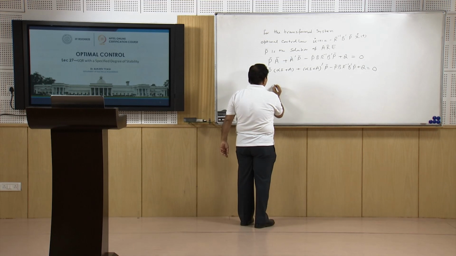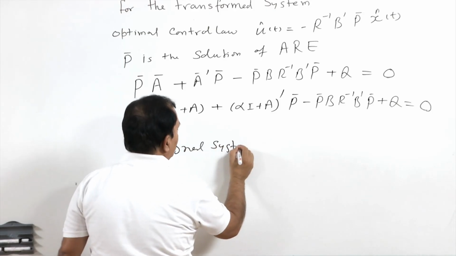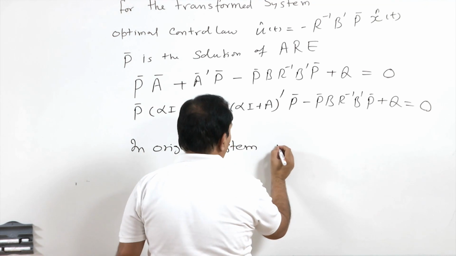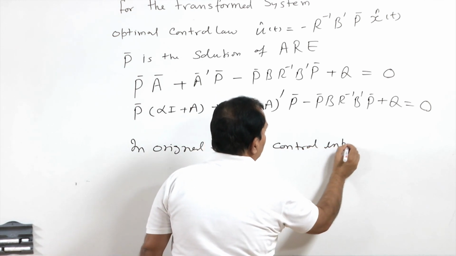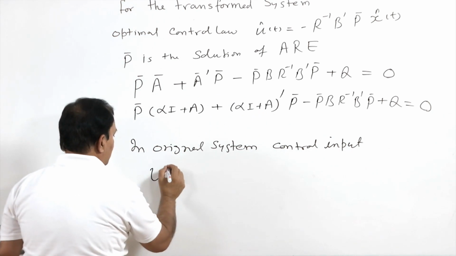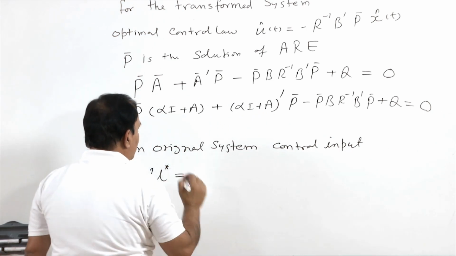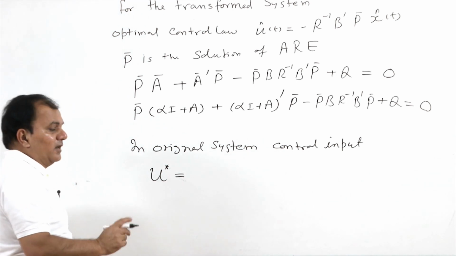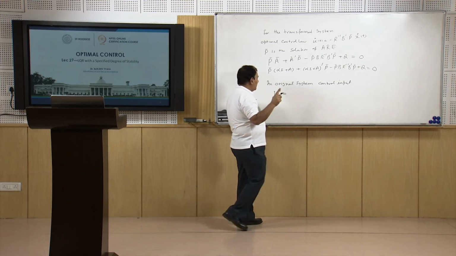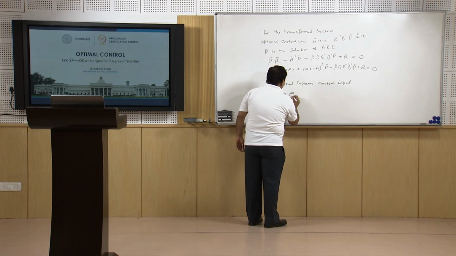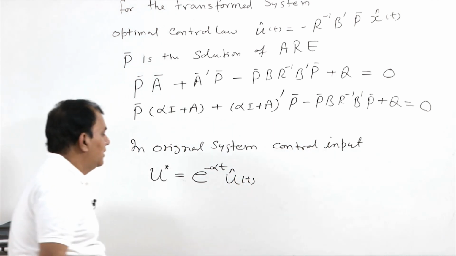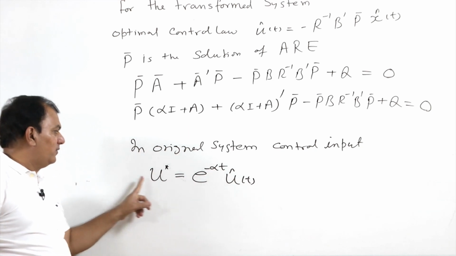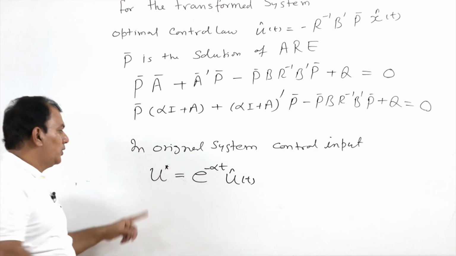In the original system, my control input is u star, which is e to the power minus alpha t u hat of t, because u hat of t is what we have considered as e to the power alpha t u t.